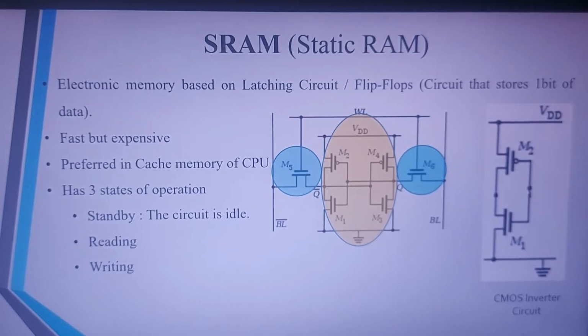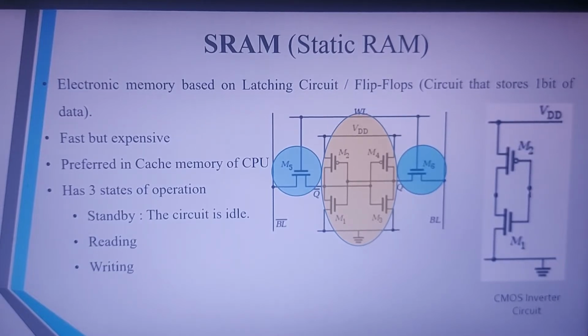On the right side, you can observe a latching circuit containing M1 and M2 transistors. In the center, there is an orange circle which shows two latches cross coupled to each other.